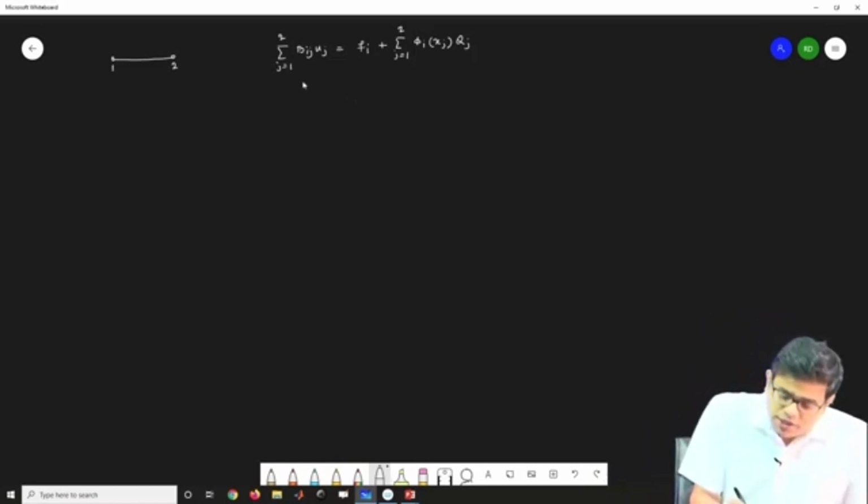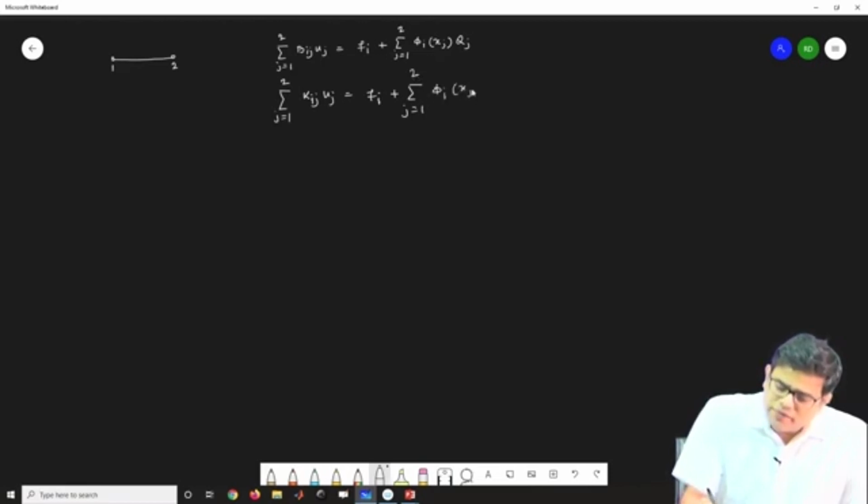Now in this equation, generally we don't represent the finite element in terms of bij, rather it is common to represent it in terms of kij. So I am changing the notation: k is nothing but b. So kij uj equals fi plus the summation over j equals 1 to 2 of phi i at xj times qj. Now what is qj?